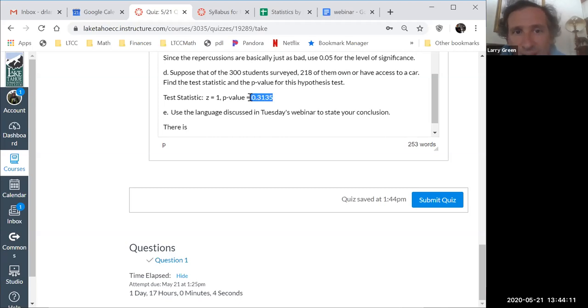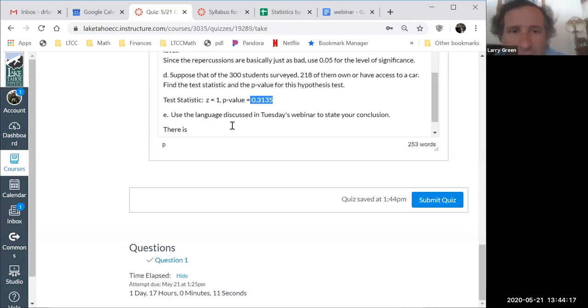Notice, by the way, our p-value is large. I don't even have to give you a level of significance, because 0.3135 is giant. There is no level of significance that would be bigger than that anyway. So if the p-value is large, what's the next word? It's always going to be these same words.